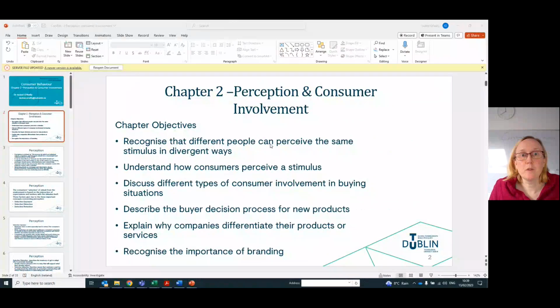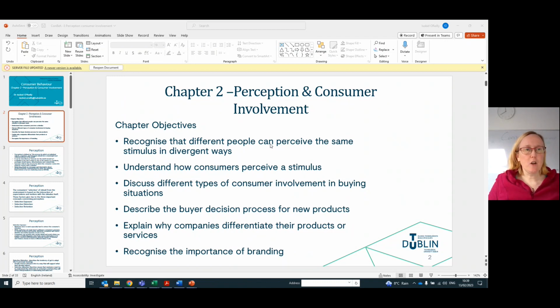Hi, so we're going to cover the next topic on our course, and it is perception and consumer involvement. Involvement should be familiar to you: high involvement, low involvement, and so on.